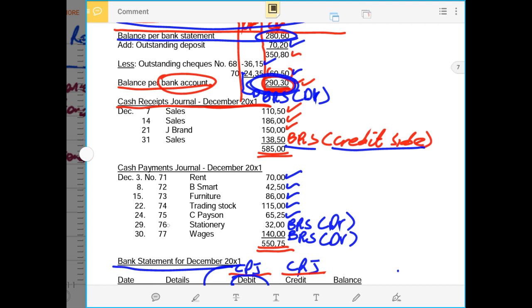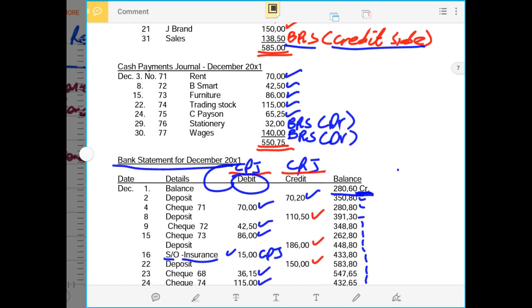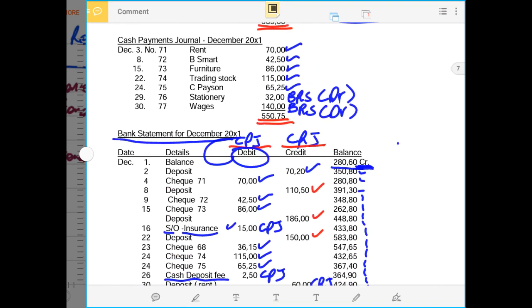And the first outstanding check will be, let us not forget the previous BRS, because in the previous BRS there was 24 rand 35 cents that did not appear on the debit side of the bank statement, if you remember that.